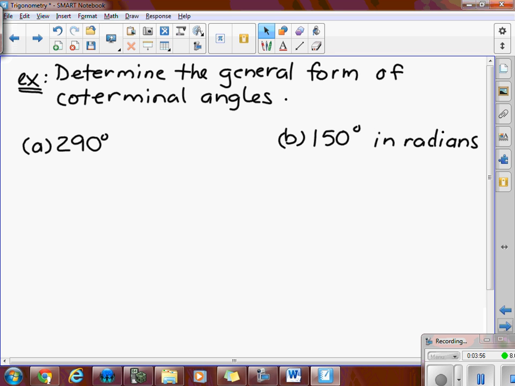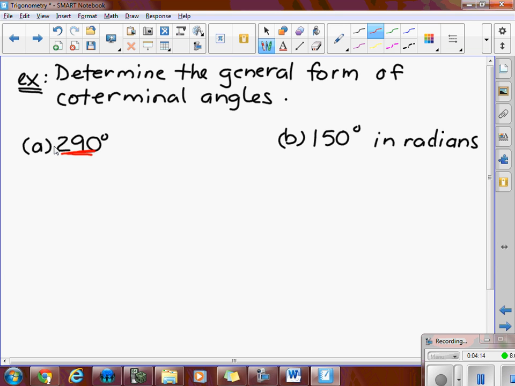Determine the general form of the coterminal angles for 290 degrees and 150 degrees. So if we examine both of these angles, 290, that's the smallest. This is a principal angle. Principal angles have to be between 0 and 360. It's just one rotation. So 290 degrees, that's my principal angle.